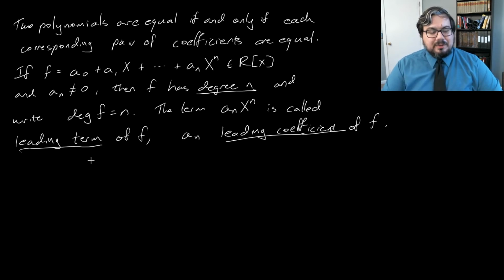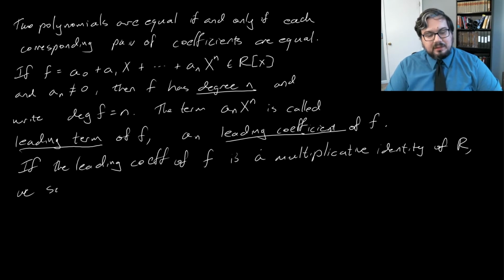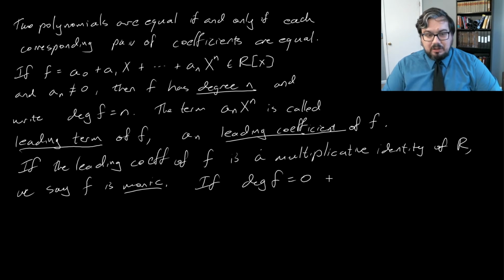One bit of terminology that we haven't usually run into before: if the leading coefficient of f is a multiplicative identity of R, we say that f is monic, and if the degree of f is equal to 0, or f itself is equal to 0, we say that f is constant.